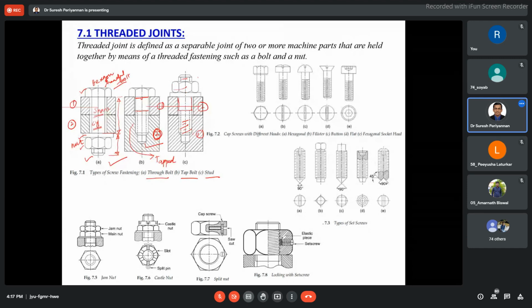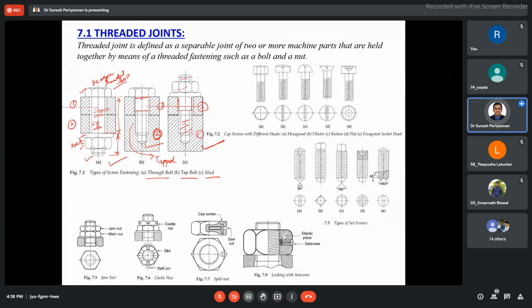Okay. So here one of the parts should be thick enough to accommodate the threaded hole. The material of the part with the threaded hole should have sufficient strength. Suppose you are connecting a low strength material to an aluminum plate, then it will be under more stress or more load.